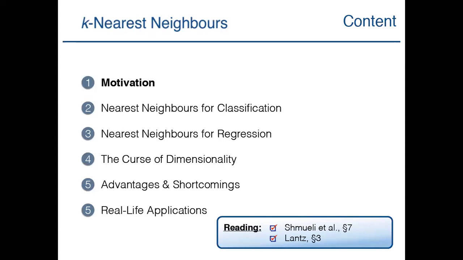So in this course, we're going to be discussing two major algorithms जो बहुत ज़्यादा commonly used होते हैं. One is called k nearest neighbors and the other is called decision trees. So today we'll start with k nearest neighbors.